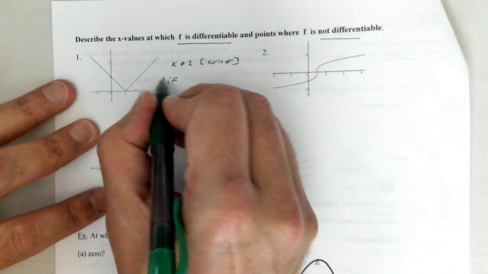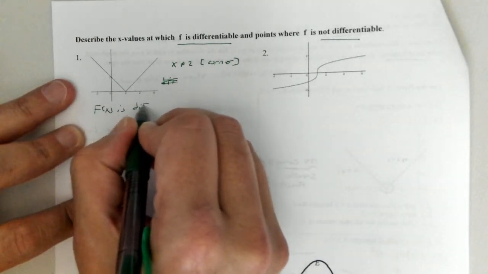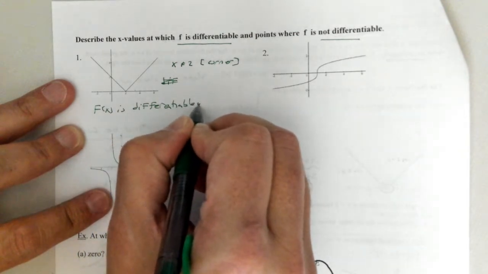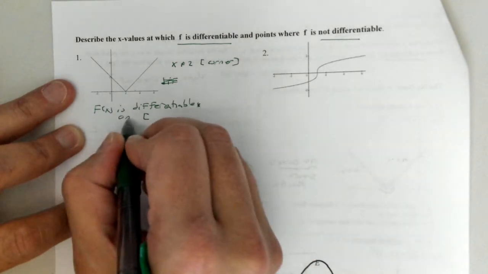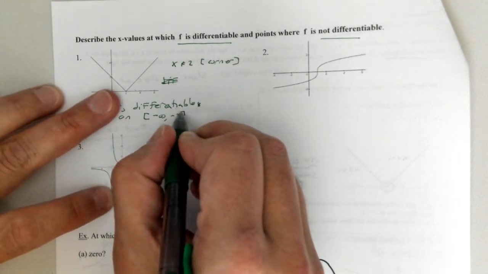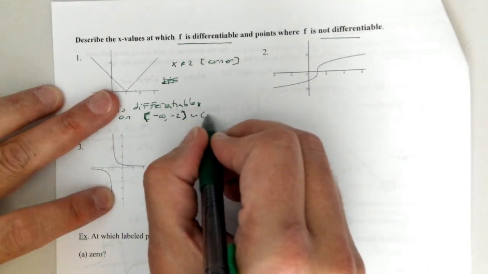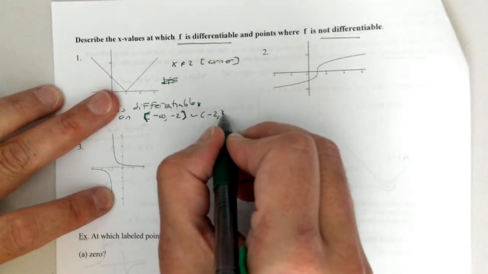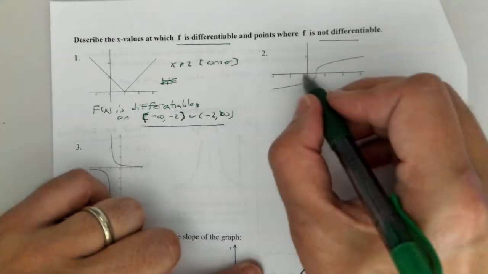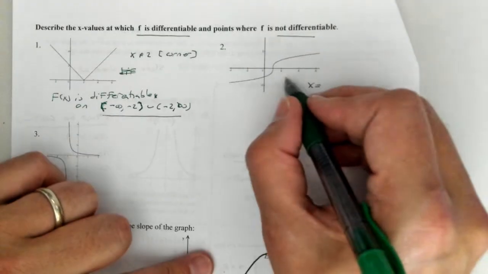So we can say f of x, we can write it this way, f of x is differentiable on the domain negative infinity to negative 2, soft brackets, excuse me, or from negative 2 to infinity. And there we go. So what about number 2? Well, easy. x can't be, I guess that's a 1 there.